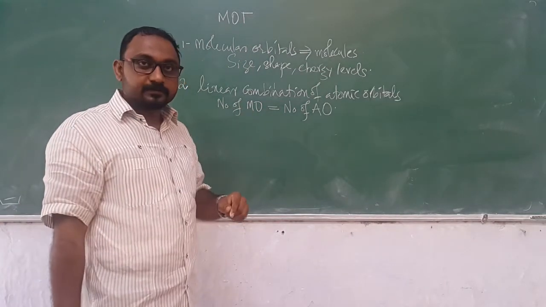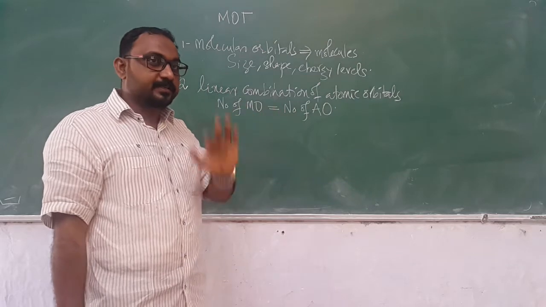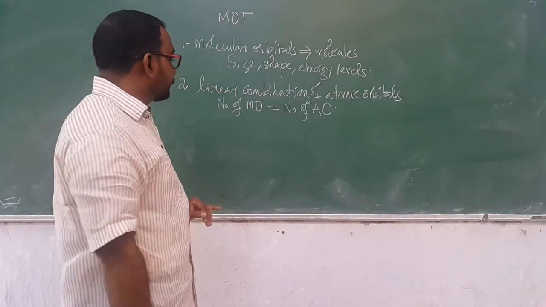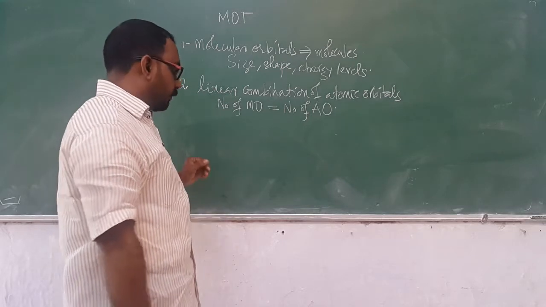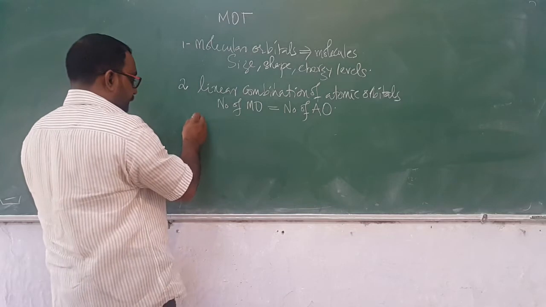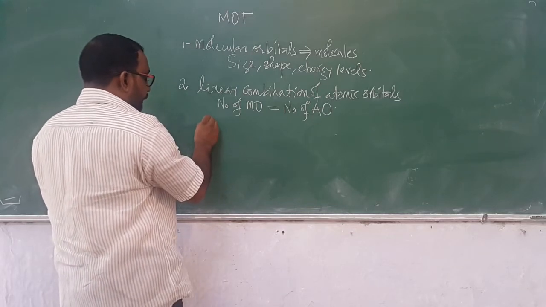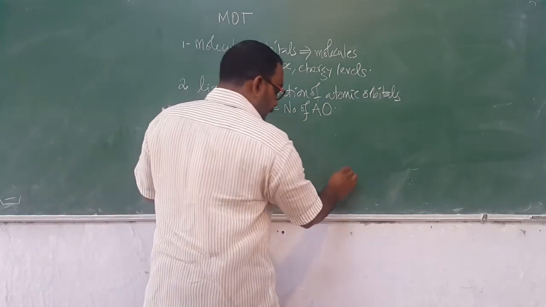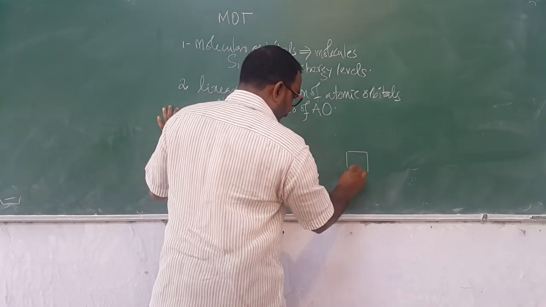One is the subtracting way I have told. We represent the molecular orbital by a box. Suppose you take hydrogen, whose atomic orbital is 1s. We will represent it by a box like this.